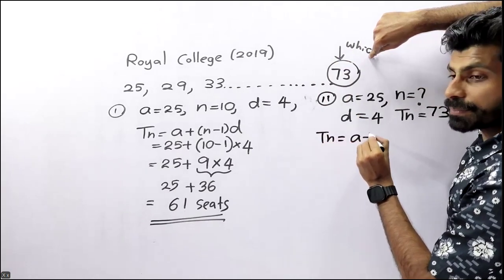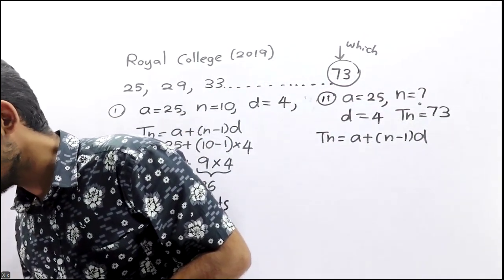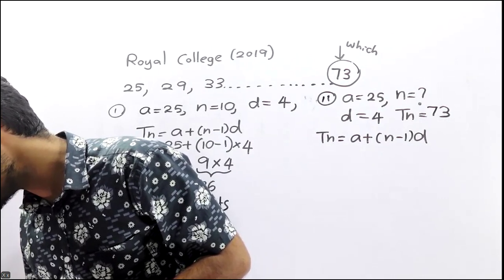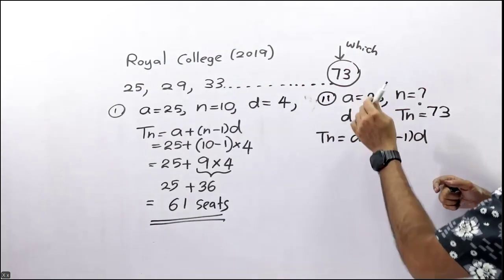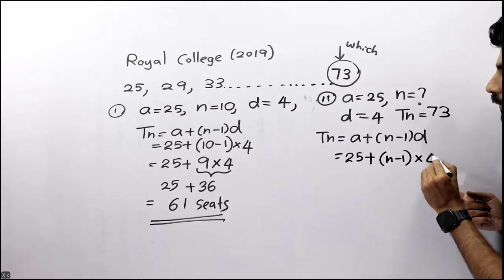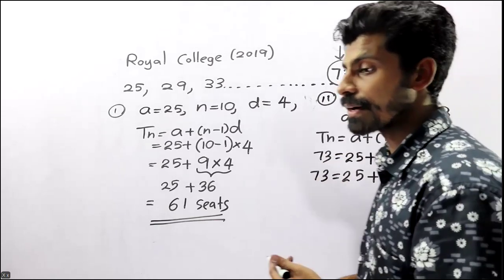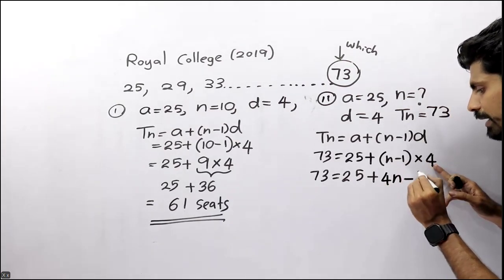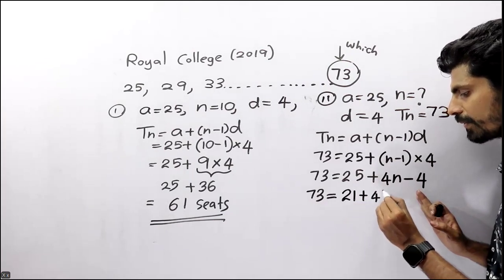Tn equals a plus n minus 1 into d. Tn, a equals 25 plus n minus 1 into d, which is 4, and Tn is 73. So 73 equals 25 plus 4n minus 4. 73 equals 21 plus 4n.